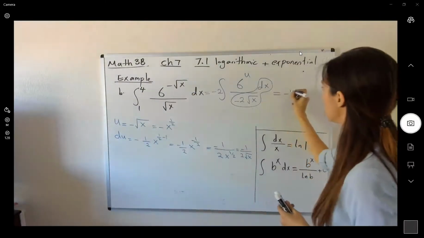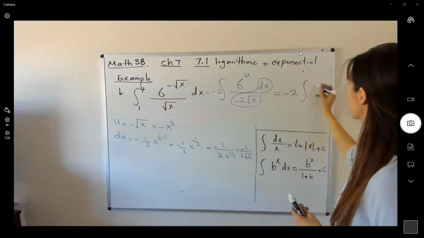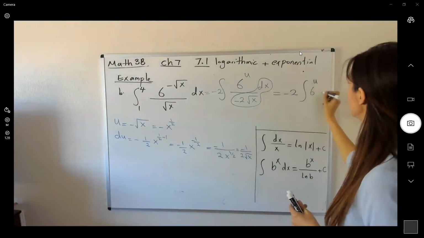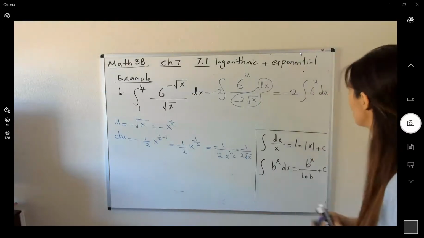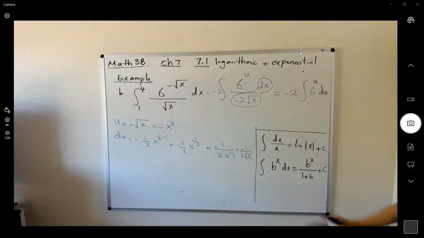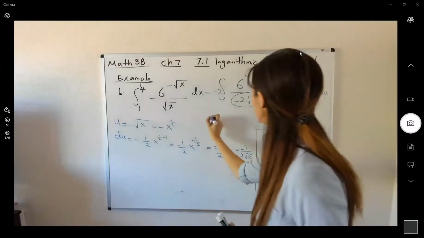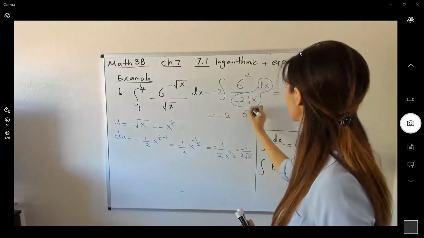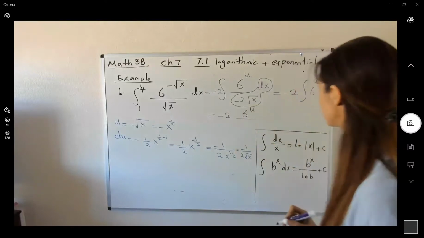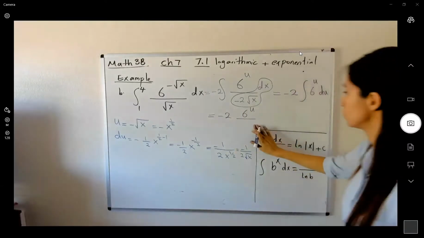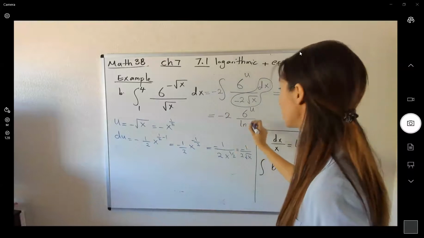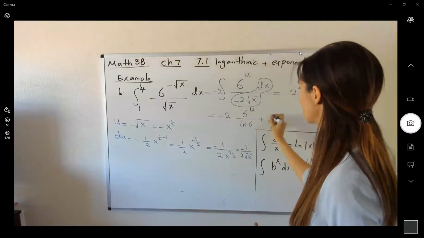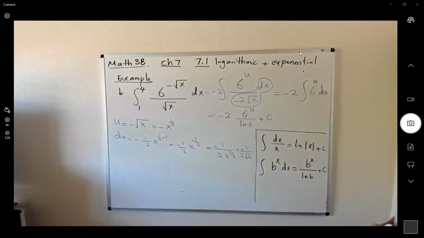So here you have minus 2 integral of 6 to u du. Take a look at your formula, b to the x dx. This is equal to minus 2, 6 raised to u divided by ln of 6 plus constant of integration.